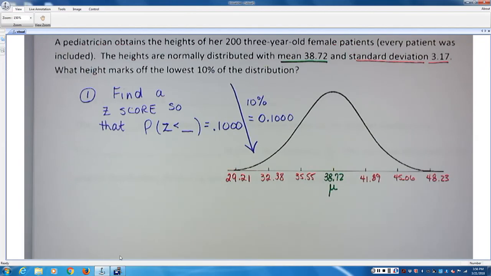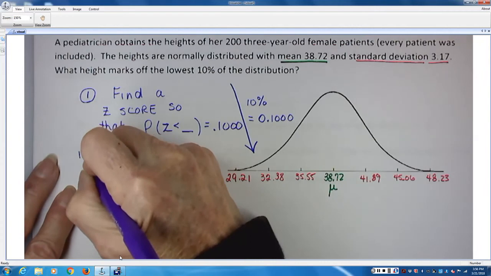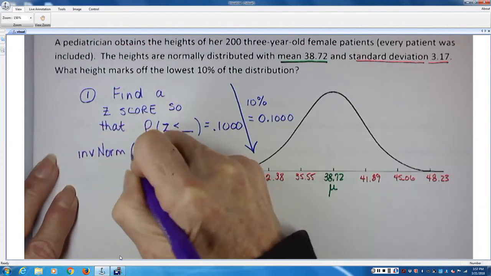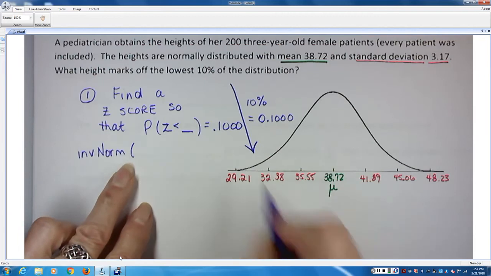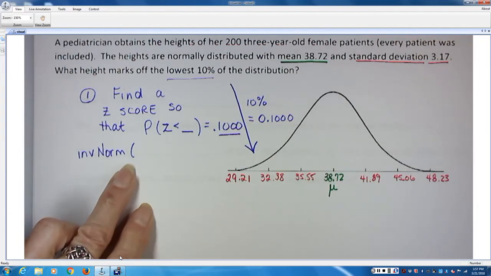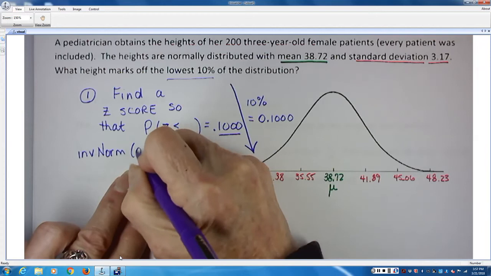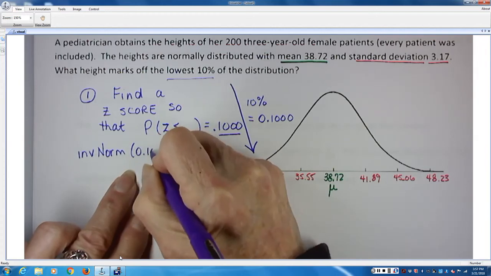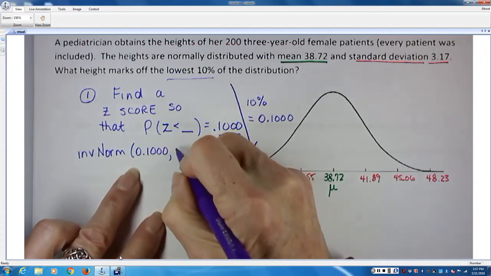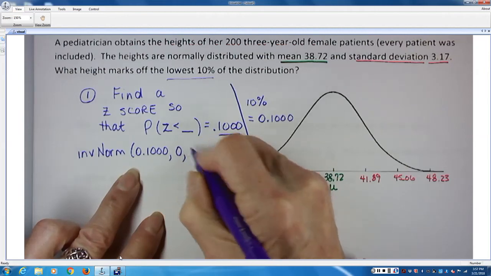So we're going to have to use inverse norm. And in inverse norm, remember, we always need the area to the left, and that's going to be the lowest part, so we've got what we need. And the mean of the z-scores is 0, and the standard deviation is 1.